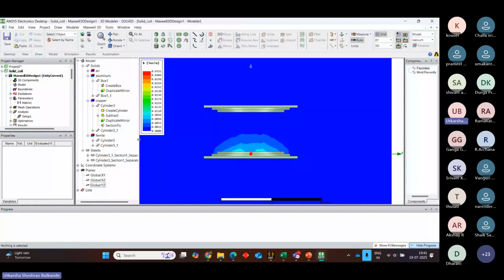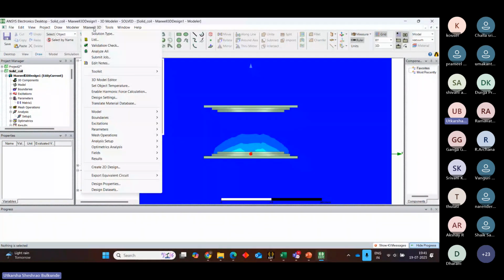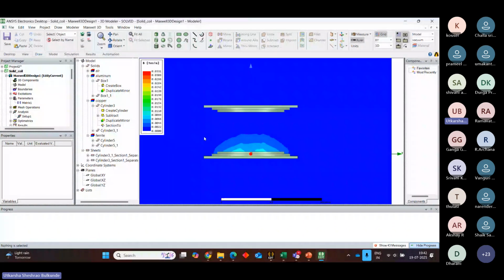Maybe tomorrow we will analyze some more things here, like how to make a Maxwell circuit and all, because the objectives, the list of which I have given you, are completed here.